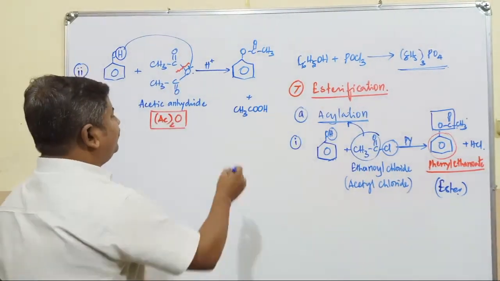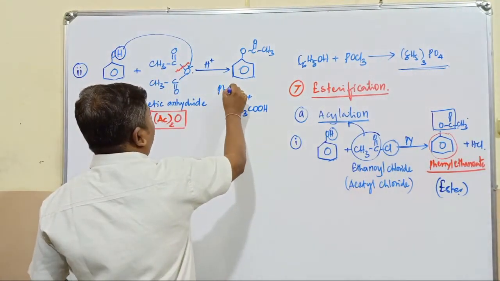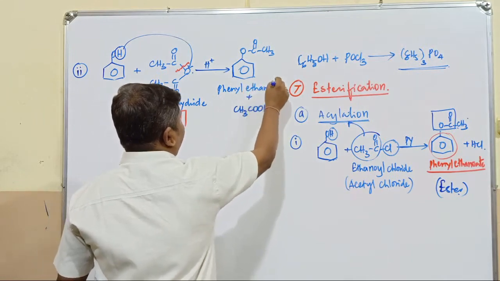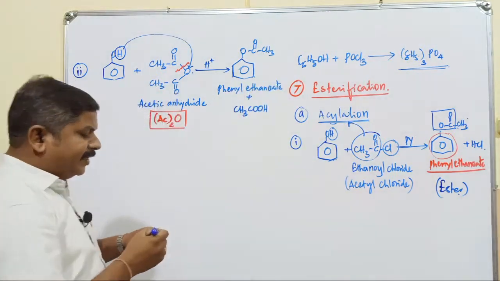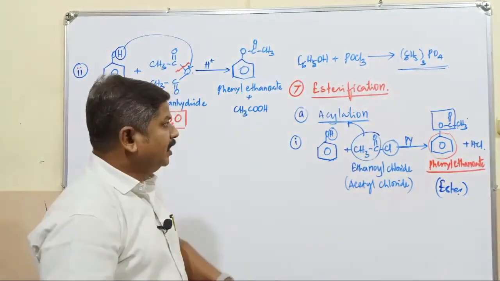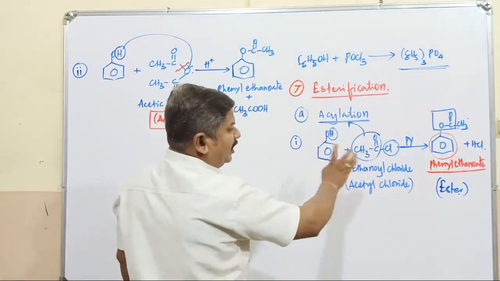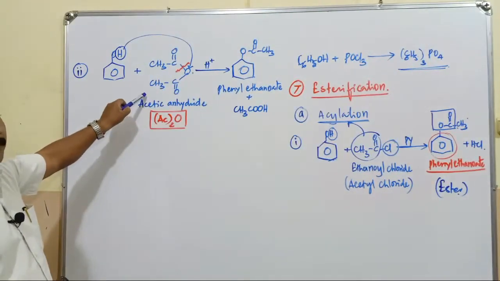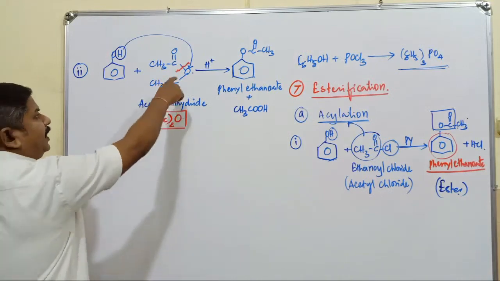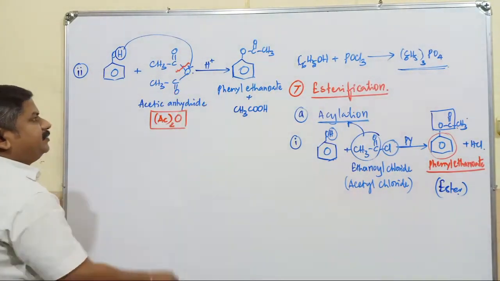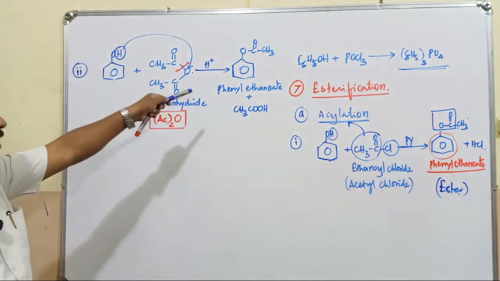So what is the name of this compound? It is phenyl ethanoate. It is also an ester. So this reaction is also a part of what reaction? Esterification reaction. Esterification is possible by treating with acetyl chloride or by treating with what compound? Acetic anhydride. You take cleavage either at this carbon-oxygen or at this carbon-oxygen because both are equivalent in nature.